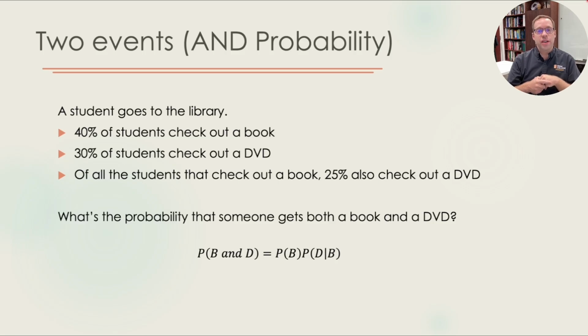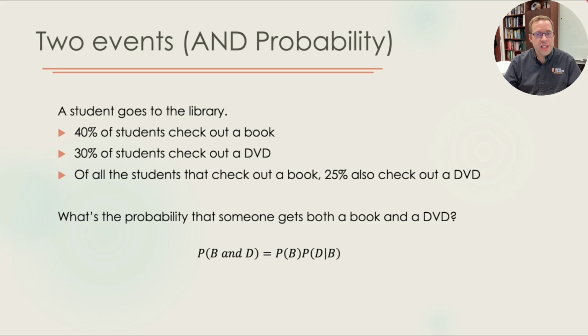All right, so here's the equation. Probability of getting a book and a DVD is going to be probability of getting a book times the probability of getting a DVD, given that we already have a book. Well, what's the probability of checking out a book? We already talked about that. That's 40%. What's the probability of getting a DVD, given that we've already checked out a book?